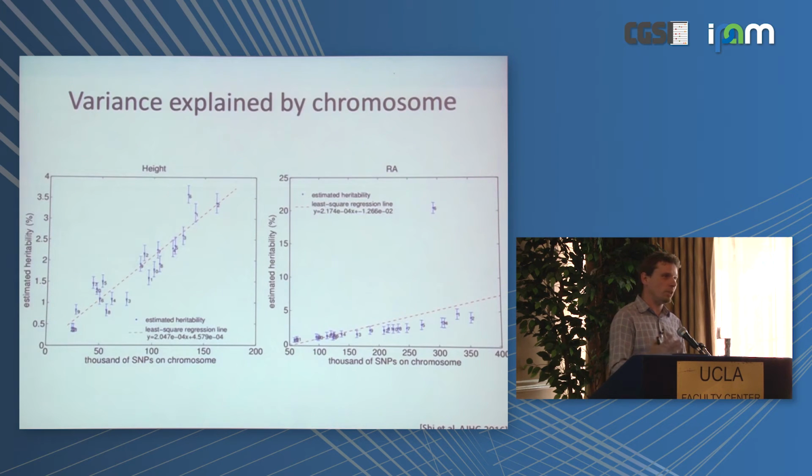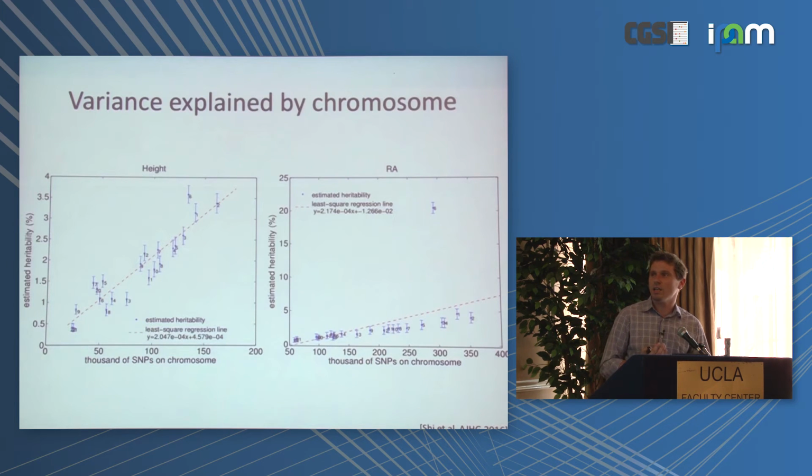So then, because you have an estimator at every locus in the genome, now you can do other interesting things. Now you can correlate how much variance comes from every chromosome with the chromosome size, right? So this is a natural sign of polygenicity, if you will.